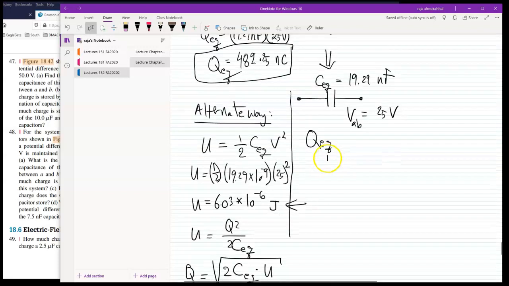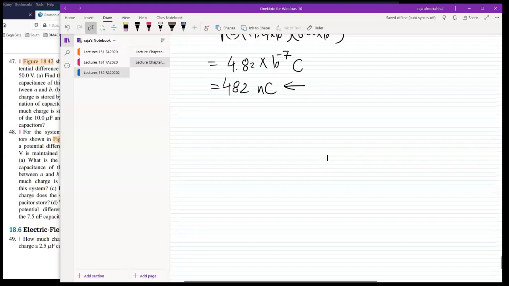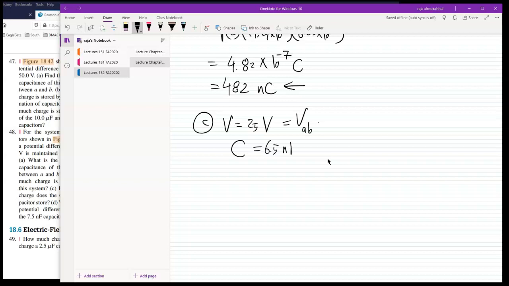So here, for part C, the voltage across is equal to 25 volt, okay, which is equal to the voltage across AB. All right. So if that's so, and I know the capacitance on that 6.5 nanofarad, I can easily find the charge on it.